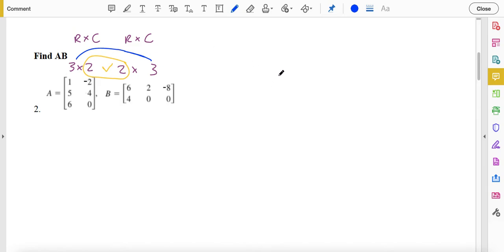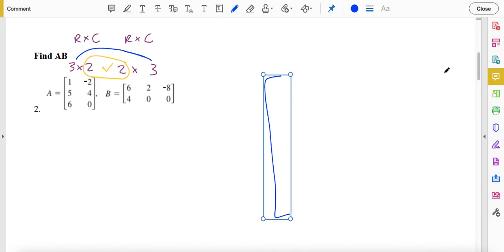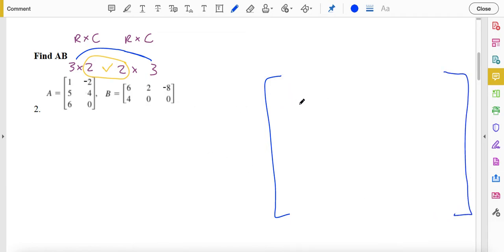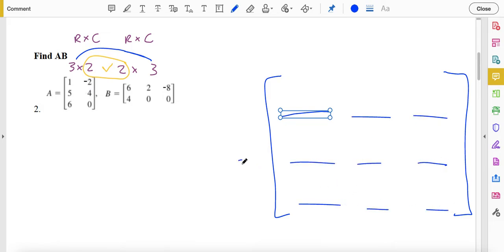So we make a huge 3 by 3 over here. All right, so we need 1, 2, 3, 1, 2, 3, 1, 2, 3. I'm going to write it a little smaller over here to simplify it. All right, so here we go.